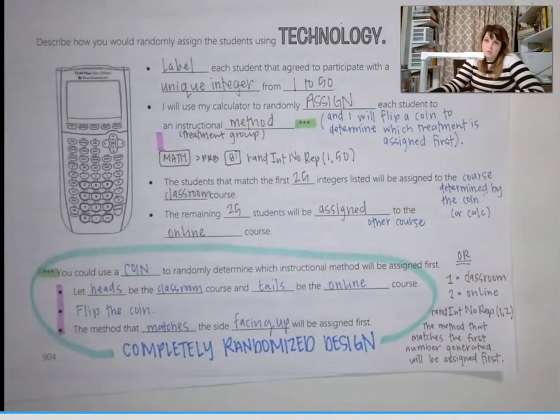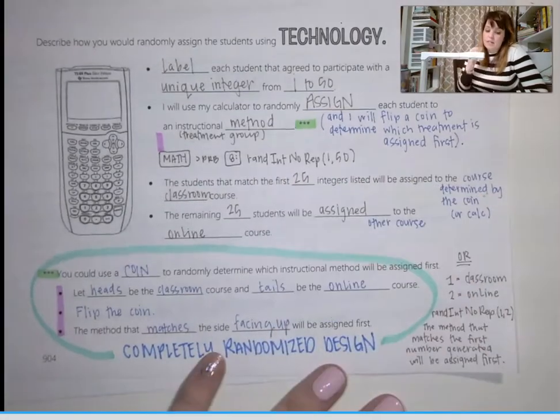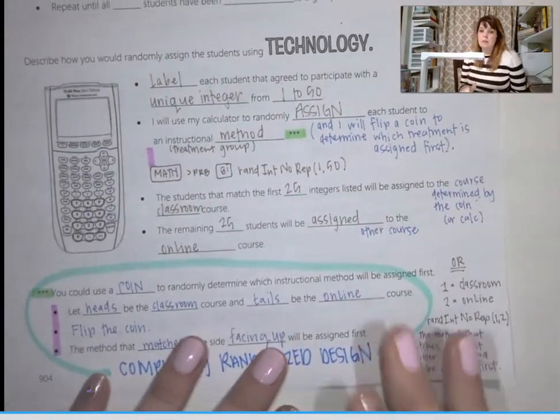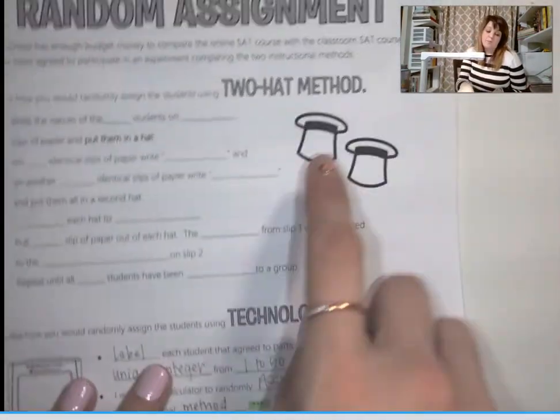There's a better way to do this. Hopefully you're thinking, this is so extra, because it is. The easiest way to do completely randomized design is 2-hat method.